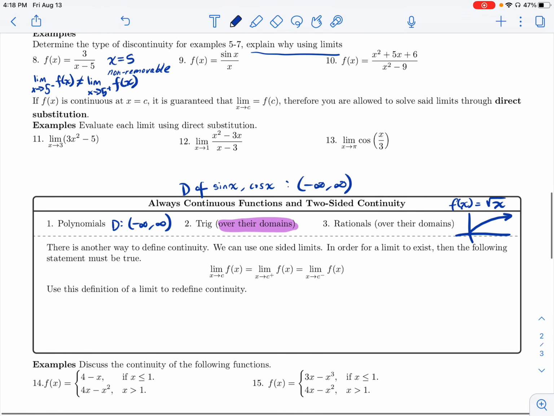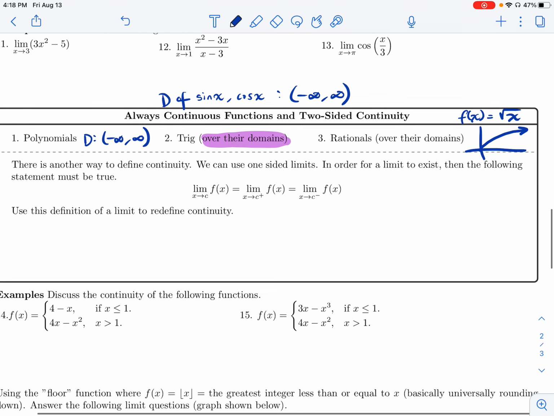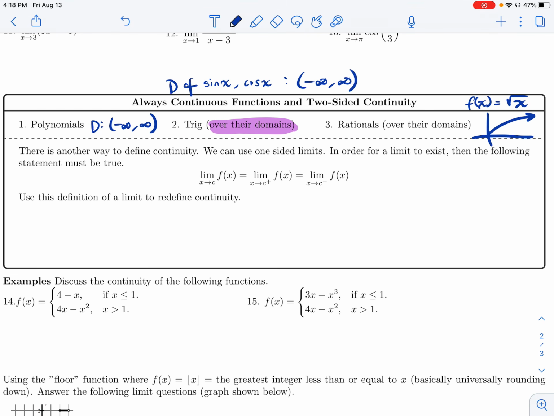And to wrap up this box, there is an additional definition of continuity. It's not anything too major, but just know that we can also use our definition of one-sided limits. Specifically, we can say that the function f of x is continuous on the closed interval, and let's say that interval is marked as [a, b], if the following two conditions are met.